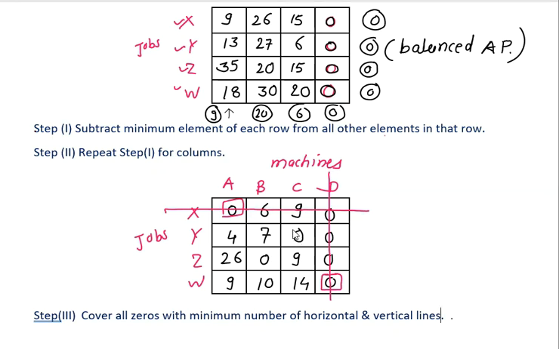Column number 2 contains a single 0, so we make an assignment here and we draw a horizontal line. Then column number 3 contains a single 0, make an assignment and draw a horizontal line because we are making an assignment in a column.